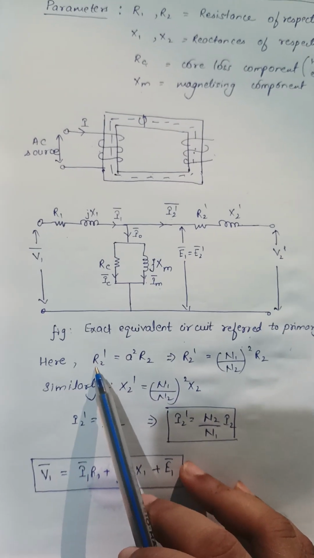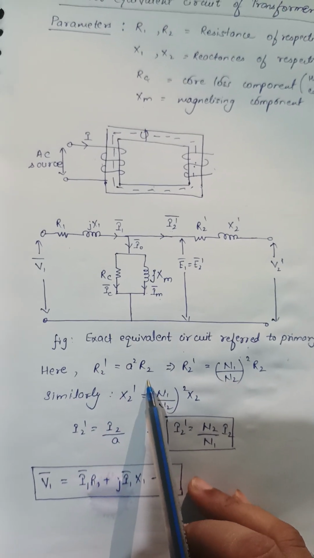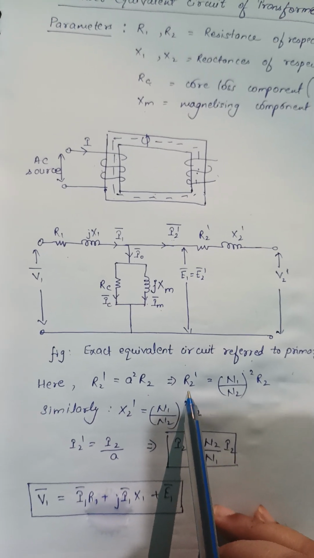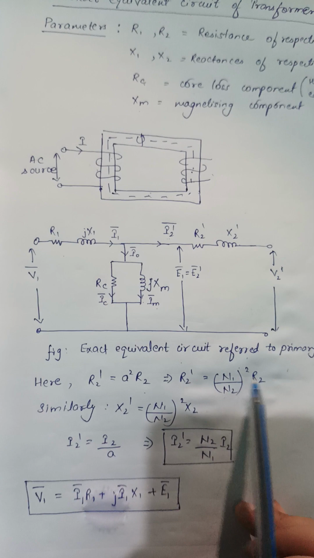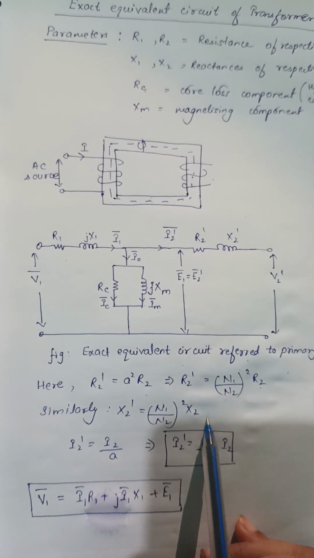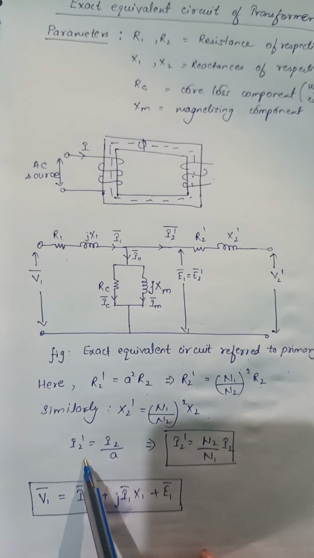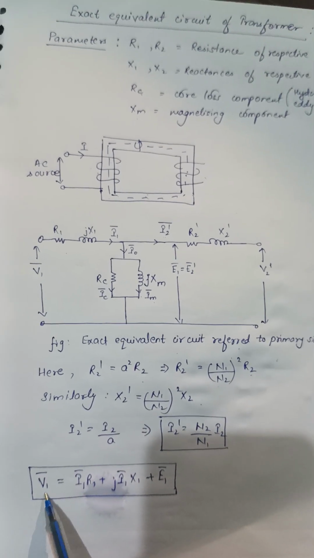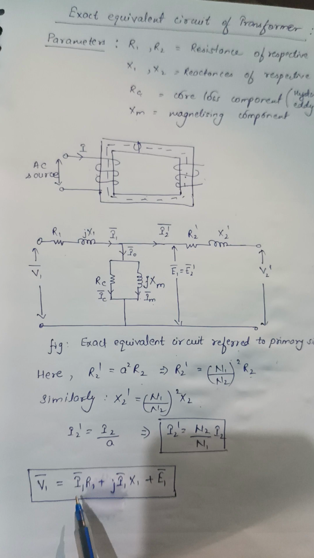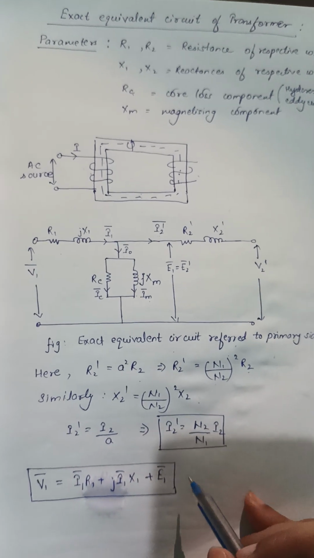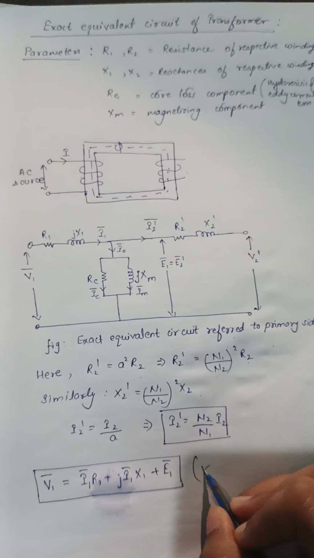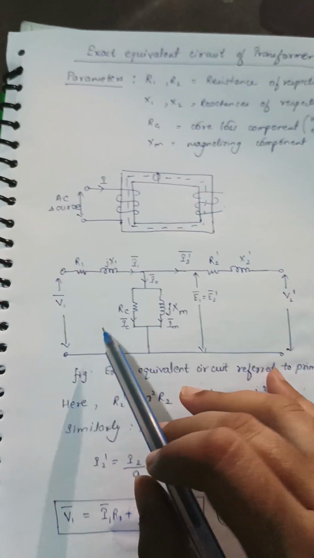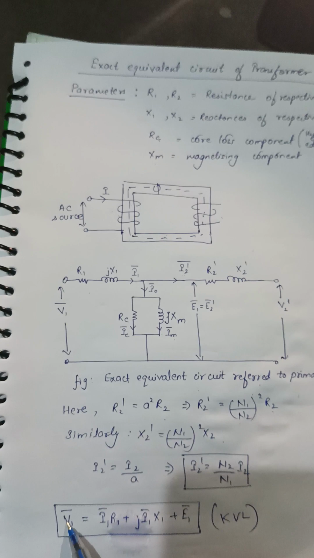The value of R2 dash is equal to A square R2, where A is the turns ratio, which can be written as R2 dash is equal to (N1 by N2) square R2, and similarly X2 dash can be found. And the value of I2 dash is equal to I2 by A, and also V1 can be found using KVL. We can use the KVL loop here and find this equation.